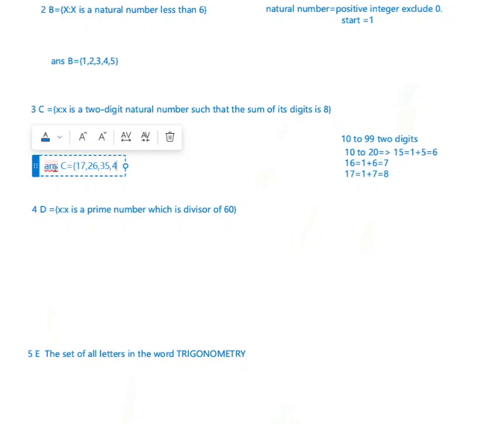Similarly 40 to 50, 44. 50 to 60, 53. 60 to 70, 62. 70 to 80, 71, and the last is 80, because 8 plus 0 is 8. This is the minimum. After that, if we go beyond, 81, so 8 plus 1 is 9. The sum becomes greater than 8. So we have considered only these. So this is the answer to this question.